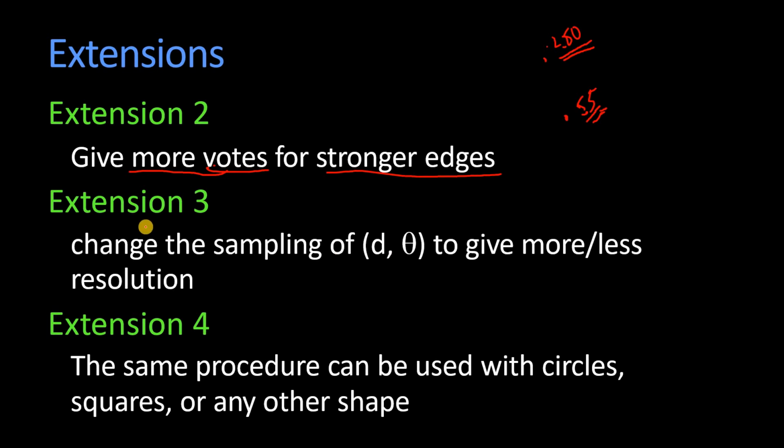Another thing that can happen is that we can change the sampling rate to increase or decrease the resolution. What does it mean? Let's say you have an image and it has a line like this. These are the pixels. It's up to you to skip some of the pixels.